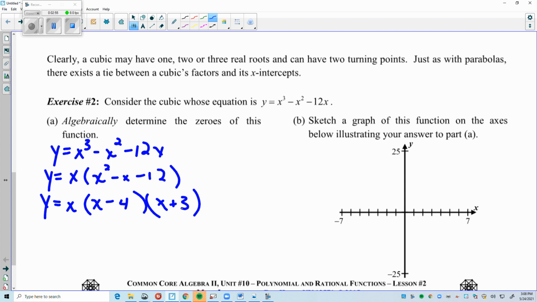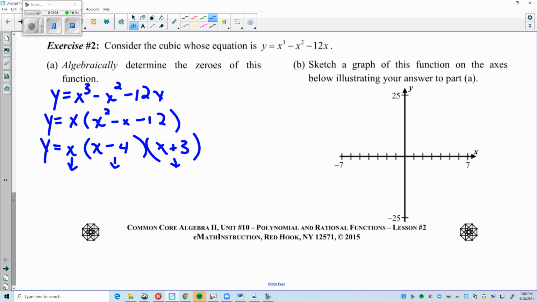Okay, so if I'm going to find the zeros, I'm going to set each of these factors equal to 0. So one of our factors we can find is x equaling 0. Or another factor we could find if I set that equal to 0 and solve is going to be x equaling 4. Or another factor that we can set equal to 0 and solve is going to be negative 3.